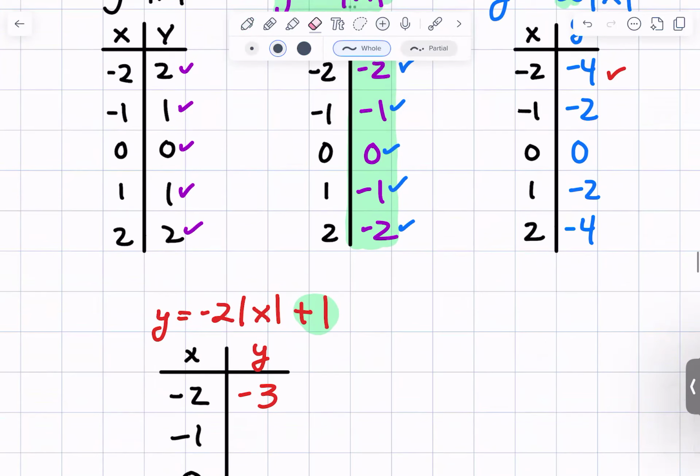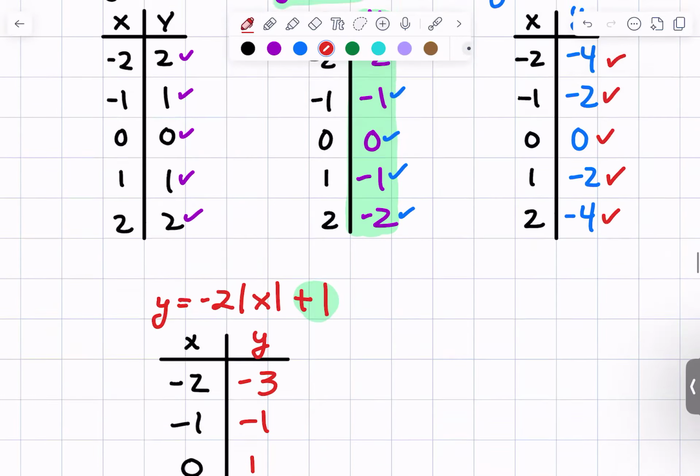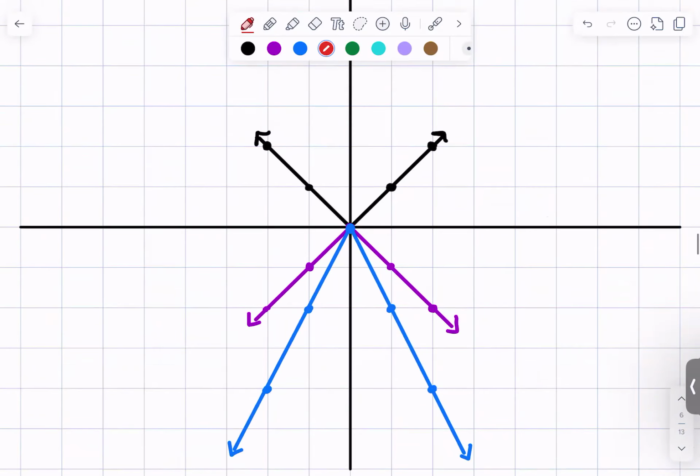Negative 2 plus 1 is negative 1. 0 plus 1 is 1. Negative 2 plus 1, negative 1. Negative 4 plus 1, negative 3. Right? And literally copy these points and graph these points, I mean. Okay? So if we graph the points, they're going to look like that.